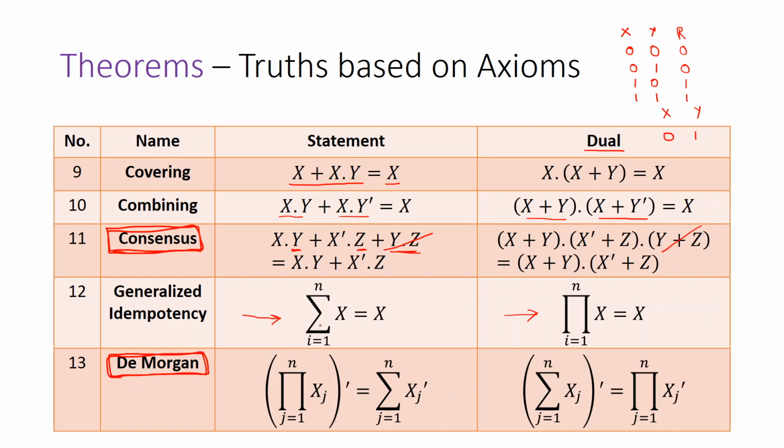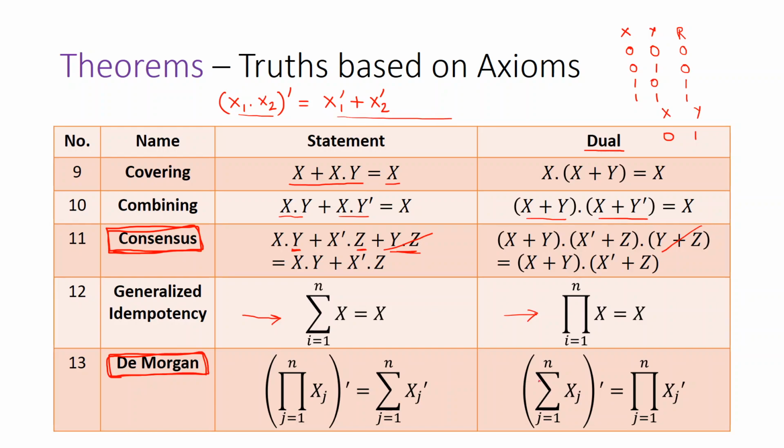You see, the OR and AND operations are written as pi and sigma, like normal sum and product, but they are OR and AND operations. For two variables, I will show: x1 dot x2, complemented, will be x1 complement or x2 complement. That is what De Morgan's theorem is saying, and this is for any number of variables. So there can be n variables here, and there would be n variables here.